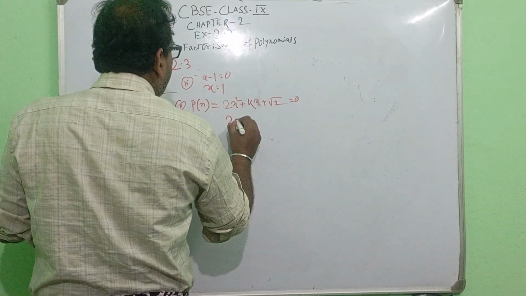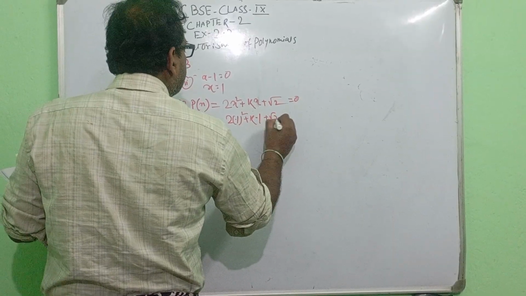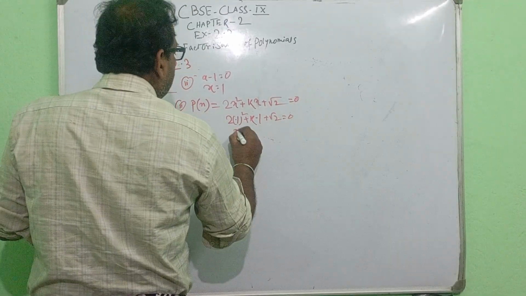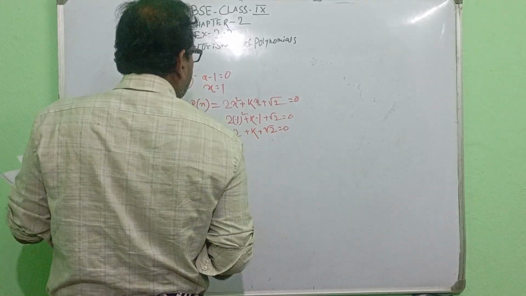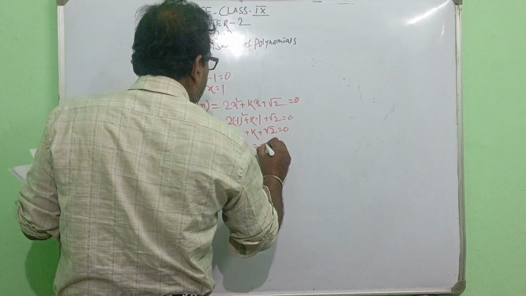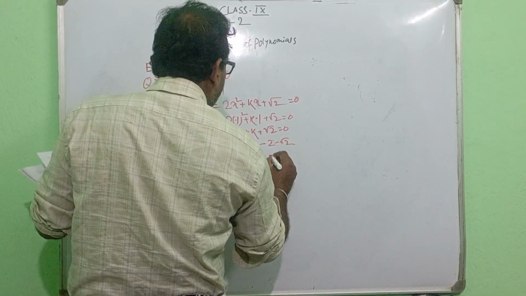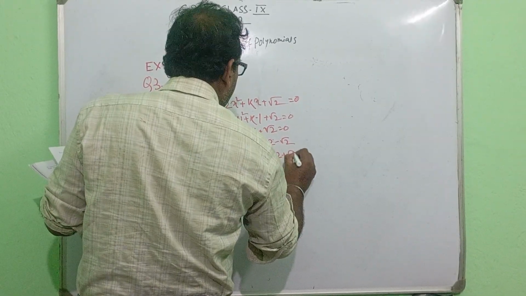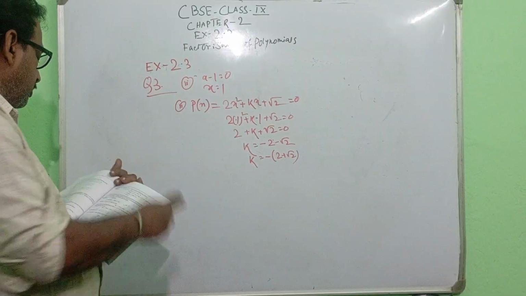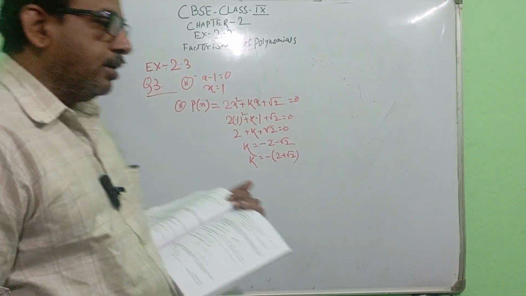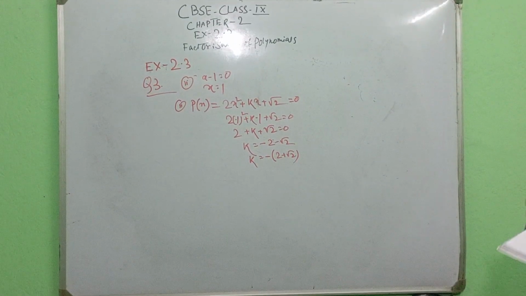Now put the value of x. That is k is equal to minus 2 minus root 2, or you have to write k is equal to minus 2 plus root 2. In the same way, we can do all the rest four.